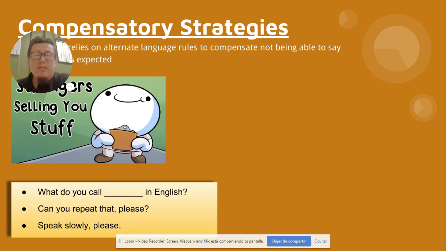For example, generally for beginners, we have these questions like, what do you call this in English? Or how do you say mesa in English? Or can you repeat that, please? Or speak slowly, please. So these are some really important questions, really powerful questions, because they get students to participate in conversations that are beyond their proficiency level.